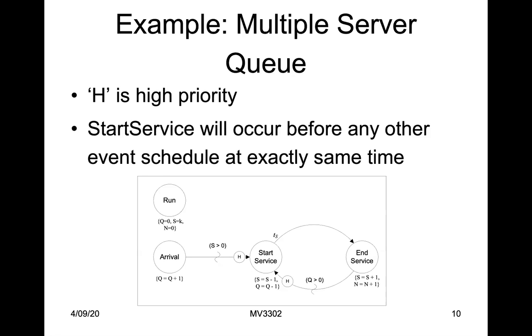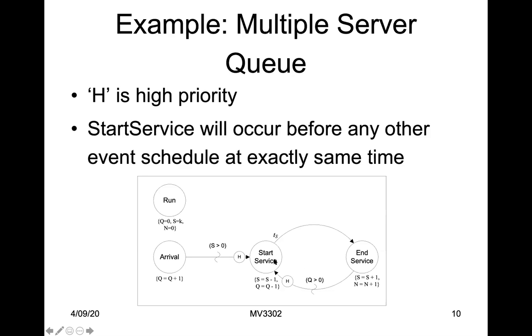But here's the thing: suppose, just by chance, that an end service and an arrival happen simultaneously. Normally we use continuous random variables for this, and when I get around to the random variable review, there's a property of continuous random variables that the probability that two of them are exactly equal is always 0.